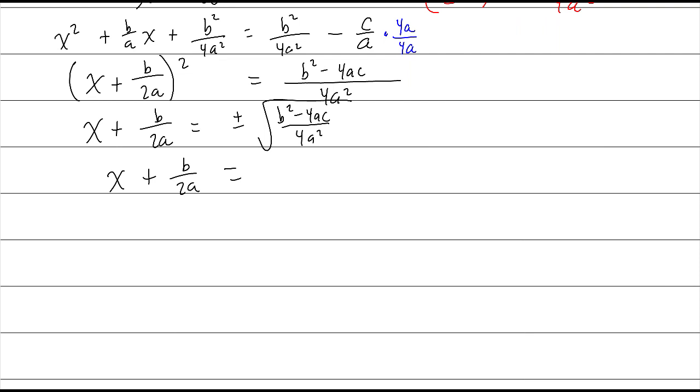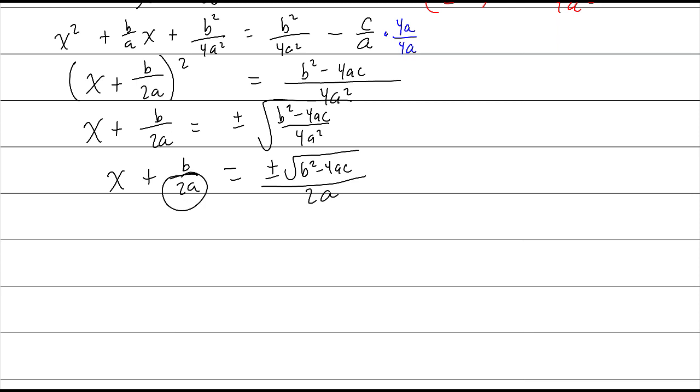So that's positive and negative square root of b squared minus 4ac over 2a, because the square root of 4 is 2, and the square root of a squared is a. So I'm able to actually just rewrite this with a fraction of 2a. And that's good because that has a common denominator with this one here.